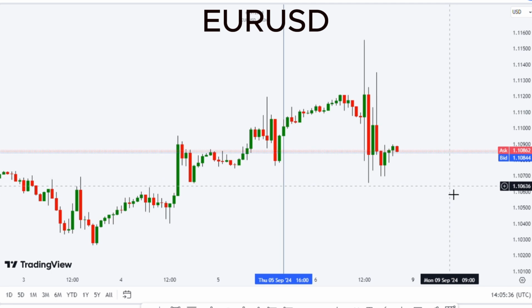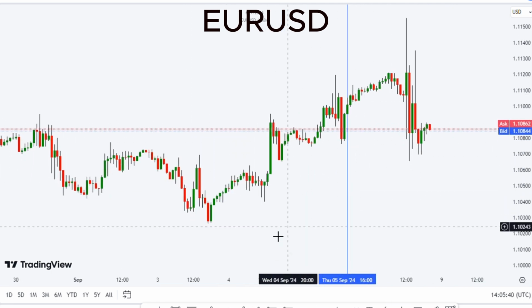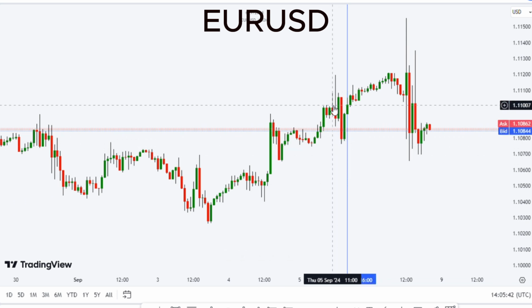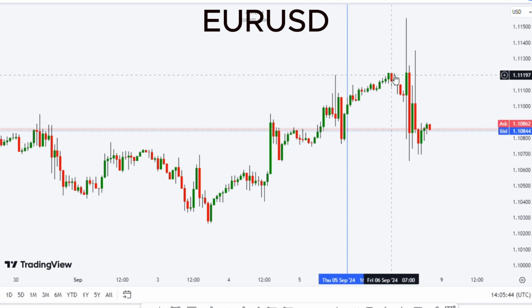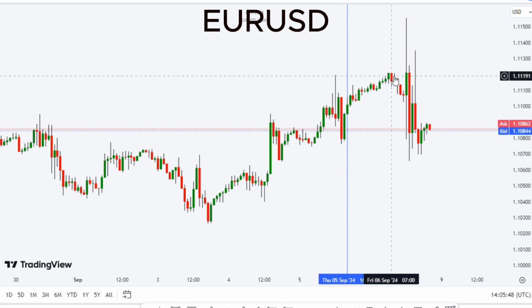Right here we realized that price was in an uptrend, and then after it got to this level, it was bullish. So Euro USD was bullish. Now let's go back to the DXY itself and see if DXY is going to be bullish or bearish. Remember, the USD here is a quote currency. Are we following?